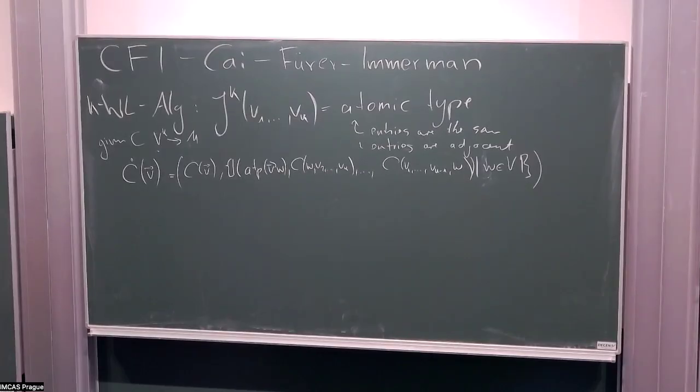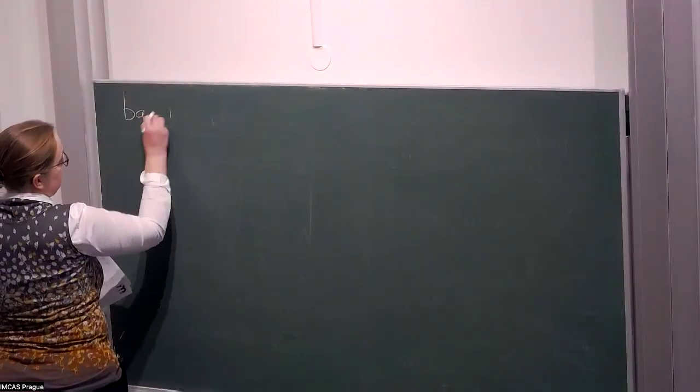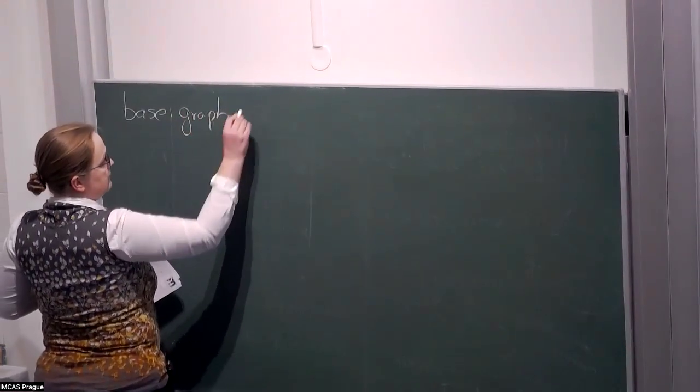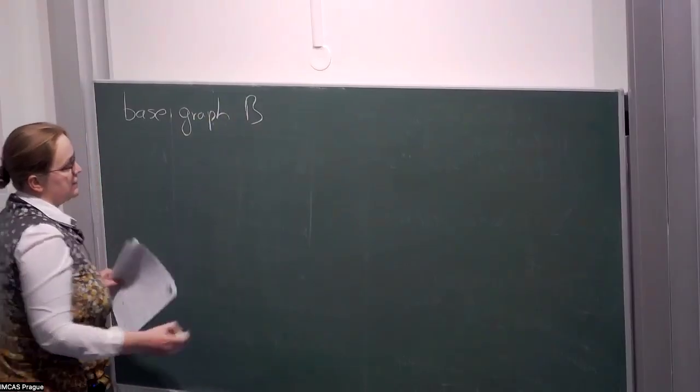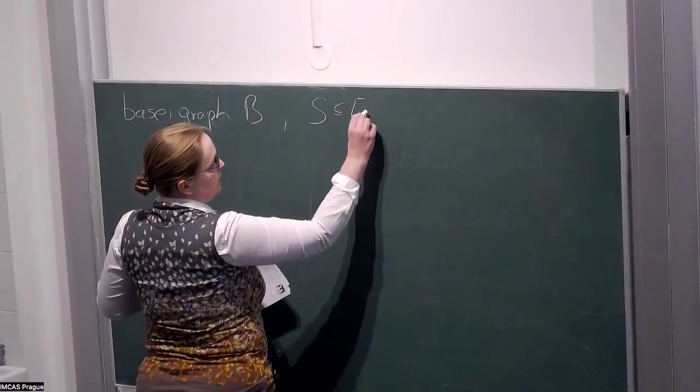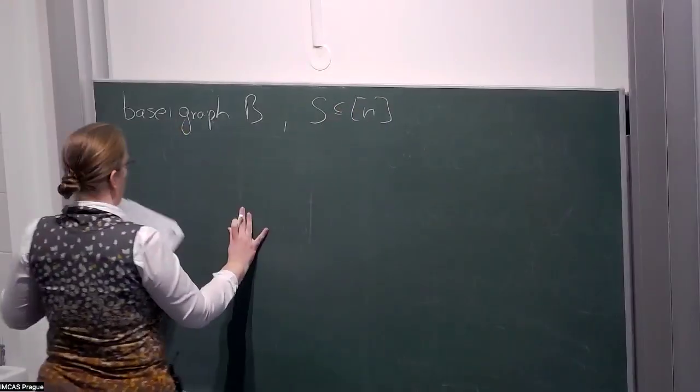Okay, so we start with a base graph B. And then also we have some set, which is a subset of the integers from 1 to n.